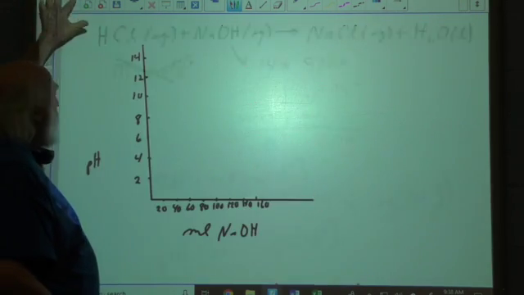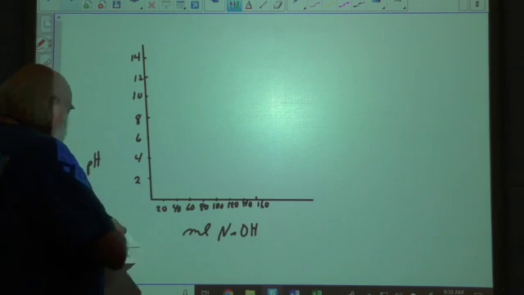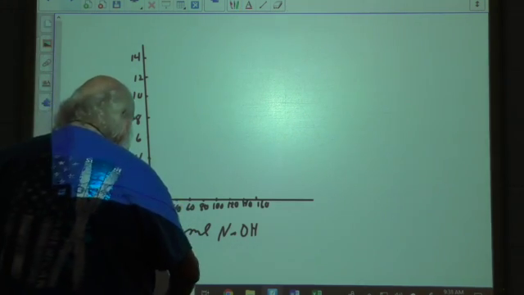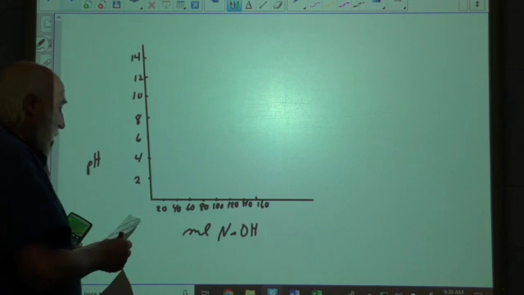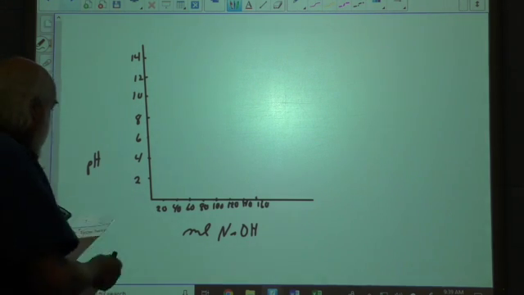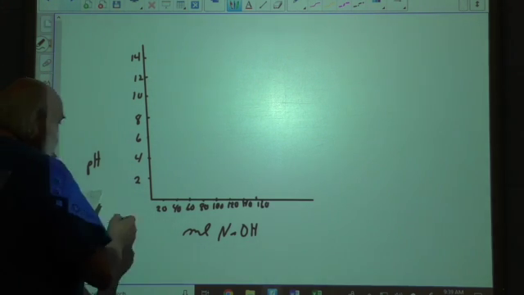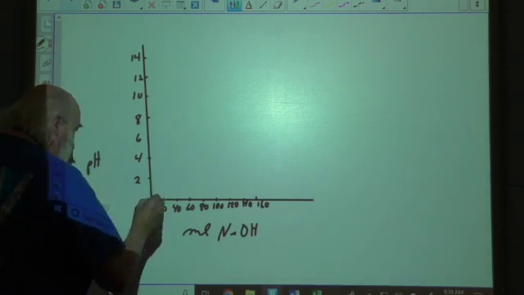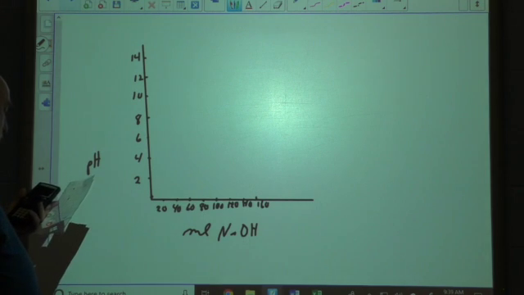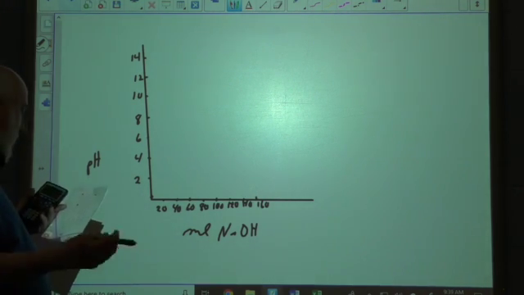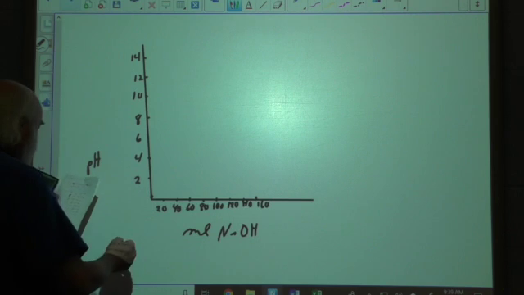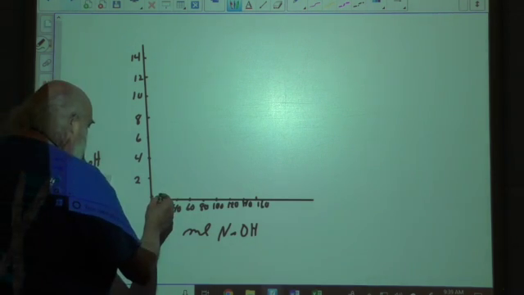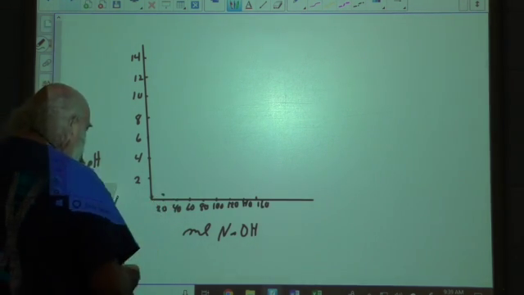So, I want to come over here and I'm going to do a quick, approximate graph of what just happened there. So we start off with basically just barely above the origin there for 0.10 for the pH when we didn't have any milliliters of base. And then at 20, it was just a hair.